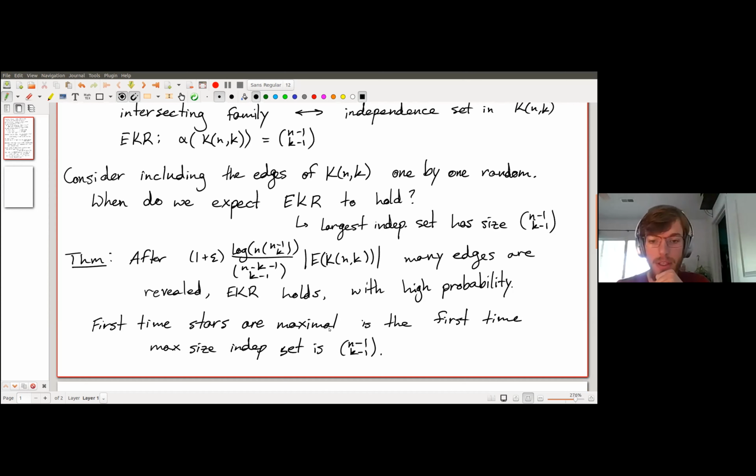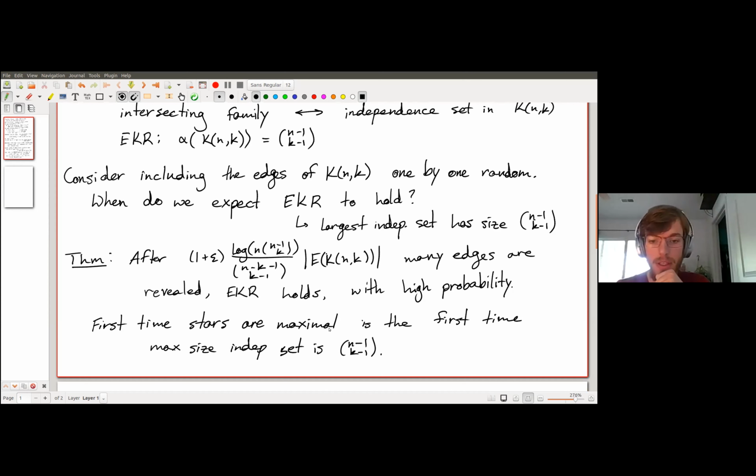One question to ask is: what's the minimum number of edges in a set of size n-1 choose k-1 plus 1?